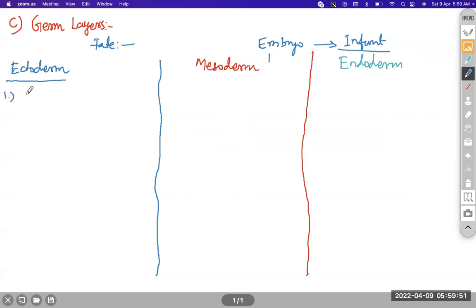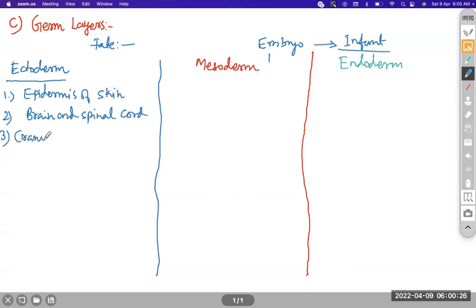Epidermis of the skin is derived from ectoderm. Epidermis of skin. Brain and spinal cord. Ectoderm. Cranial and spinal nerves, यानी central nervous system and peripheral nervous system. Nervous system पूरा.